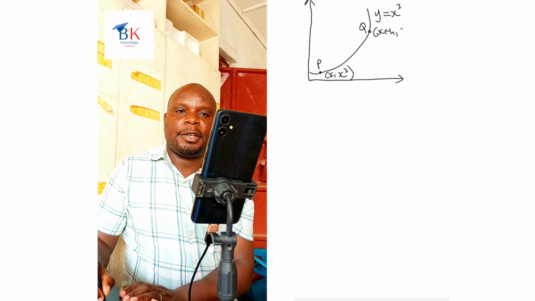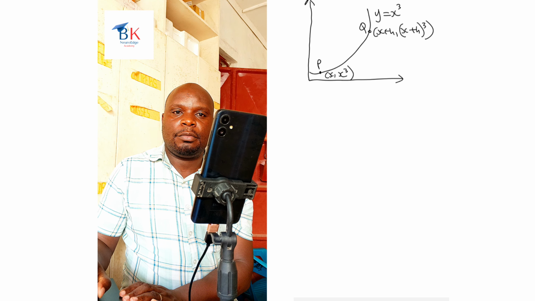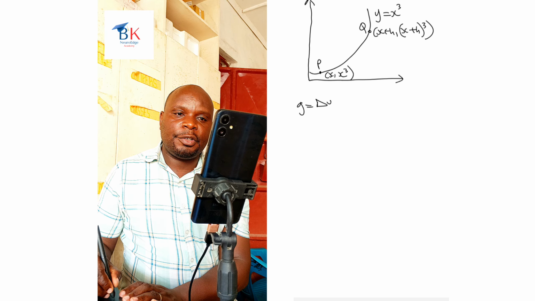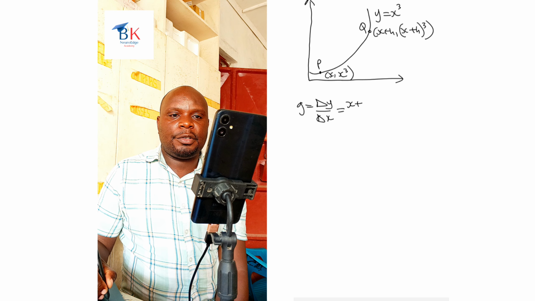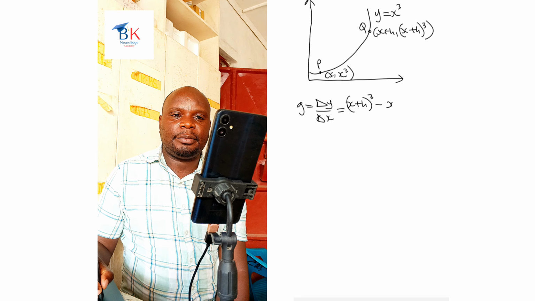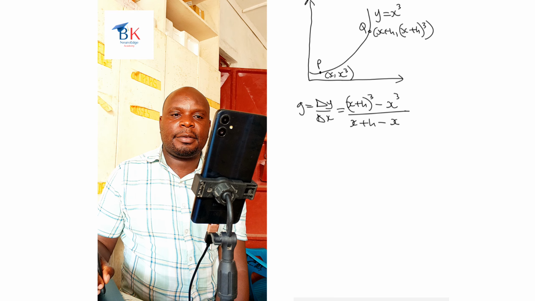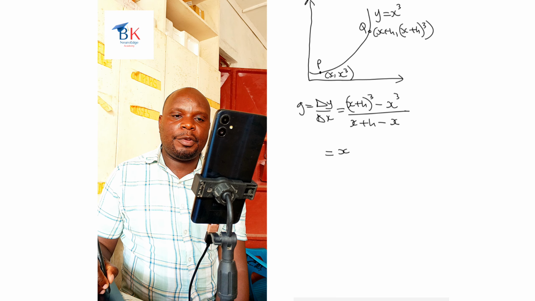This one will be (x plus h) cubed. And therefore gradient equal to change in y over change in x, which is equal to (x plus h) cubed minus x cubed all over x plus h minus x, which is going to be h.